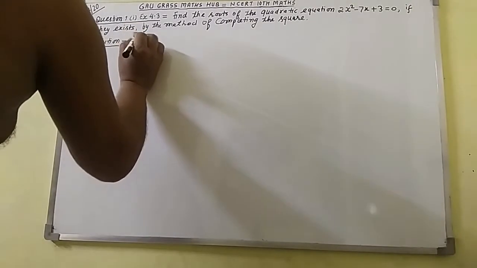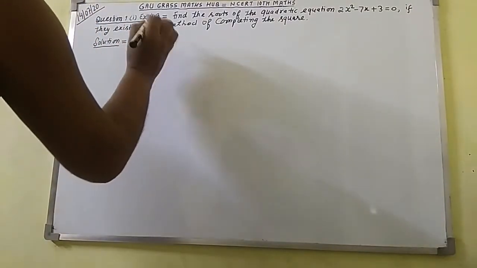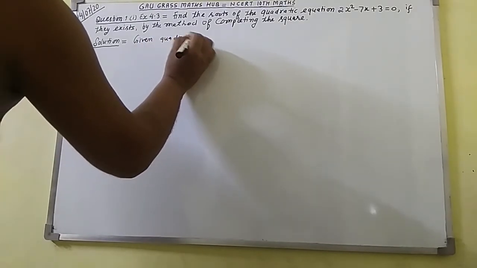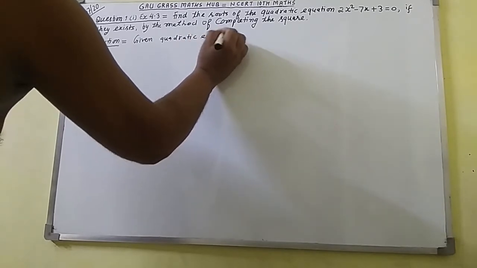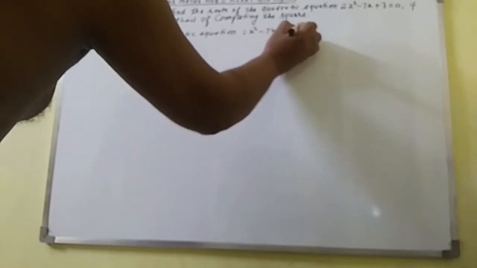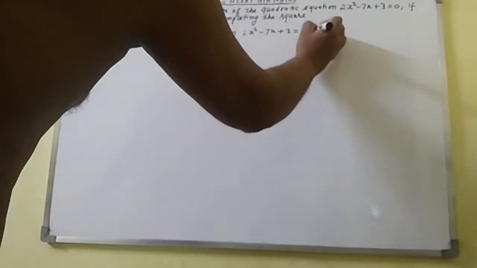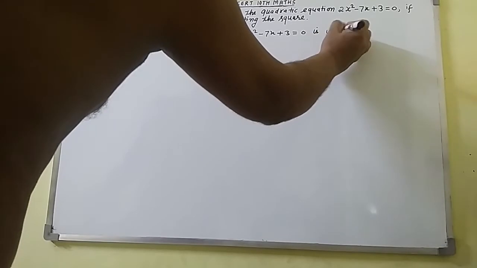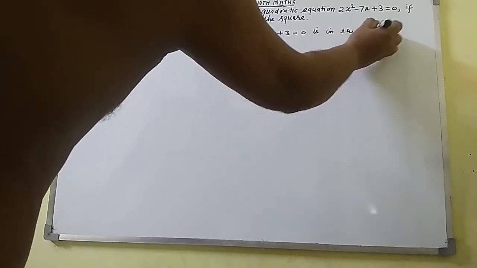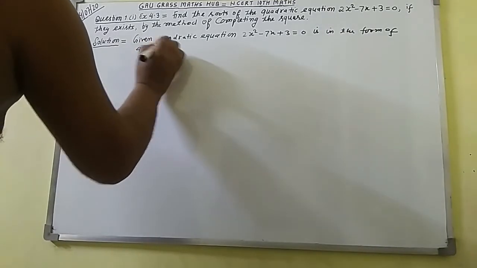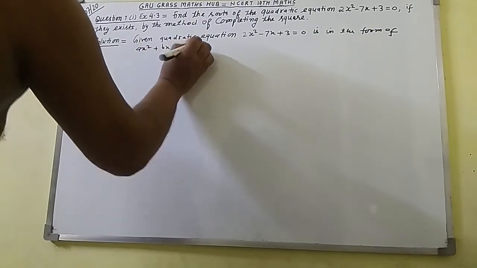Now, given quadratic equation 2x square minus 7x plus 3 equal to 0 is in the form of ax square plus bx plus c equal to 0.